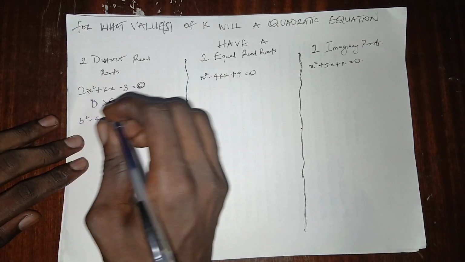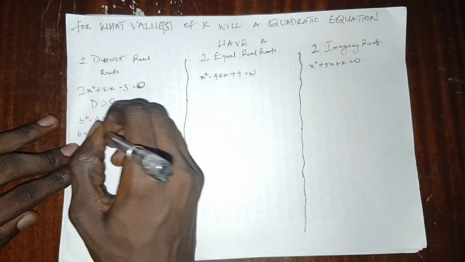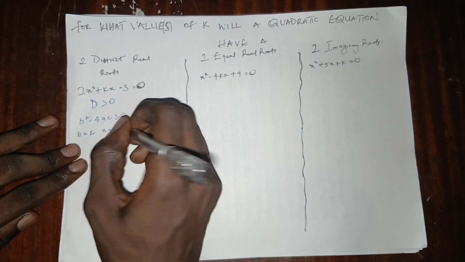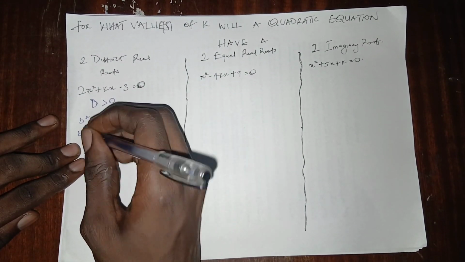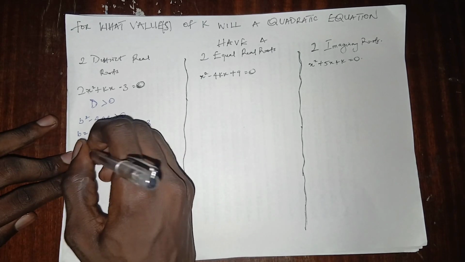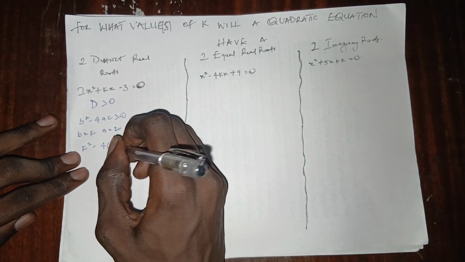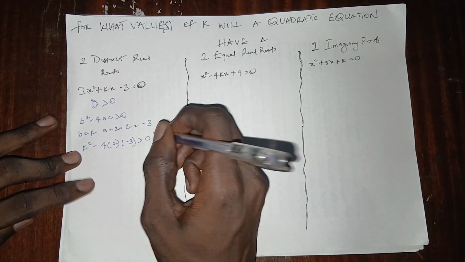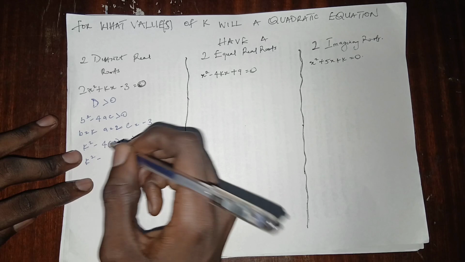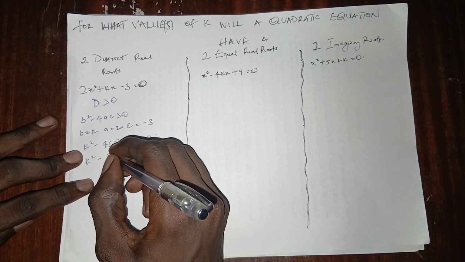Let's say a is 1, b is k, and c is minus 3. So we have k squared minus 4 times 1 times minus 3, which is k squared plus 12 greater than 0.